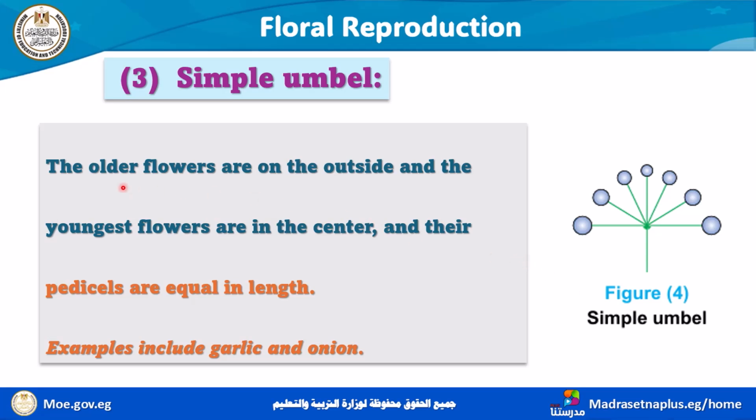The older flowers are on the outside and the youngest flowers are in the center, and their pedicels are equal in length. Examples include garlic and onion.